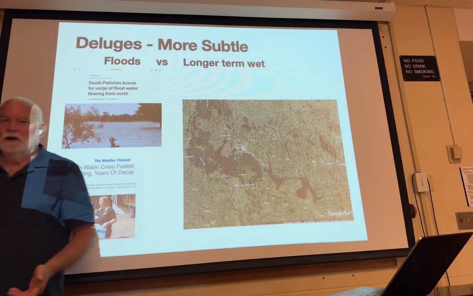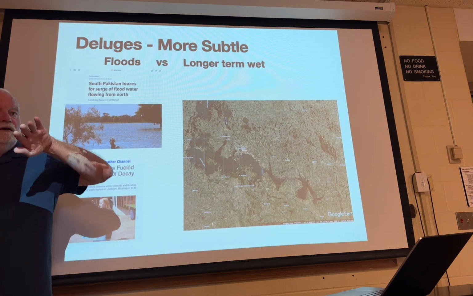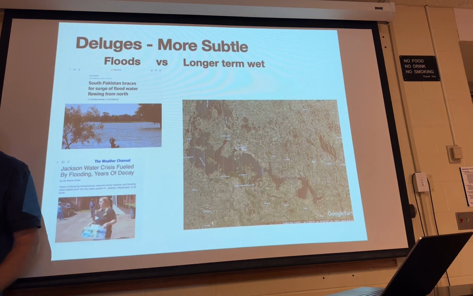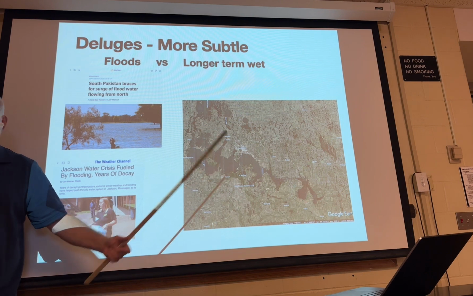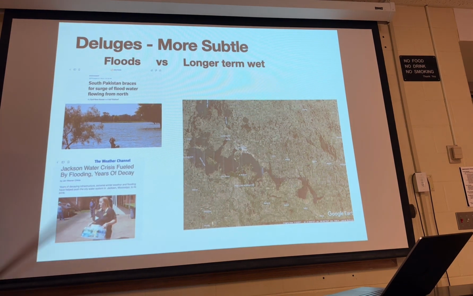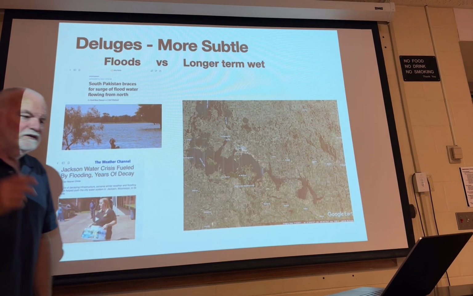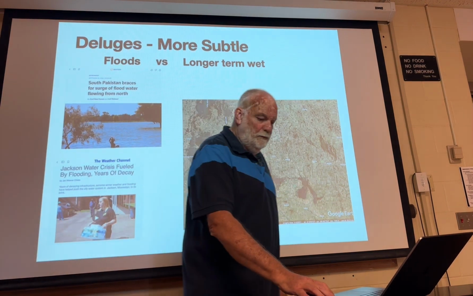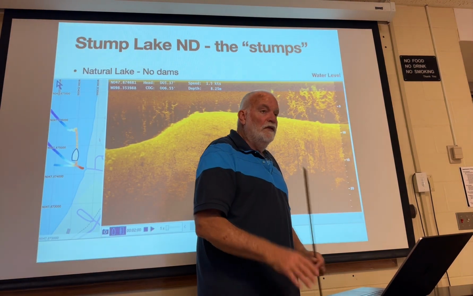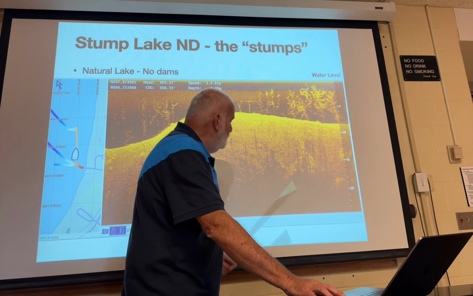You couldn't do that so long ago. So there's a resurgence in water levels in the Dakotas, which you kind of think of as dry. I just point this out to set the stage for the example you're going to see. The example is Stump Lake. This one.